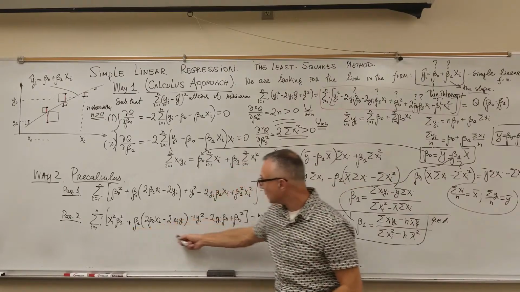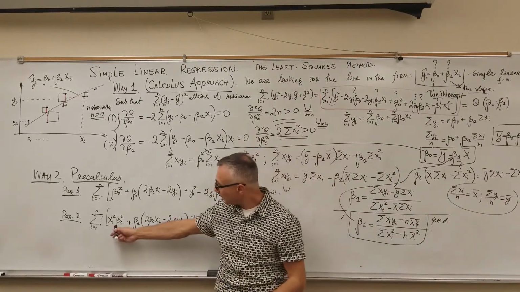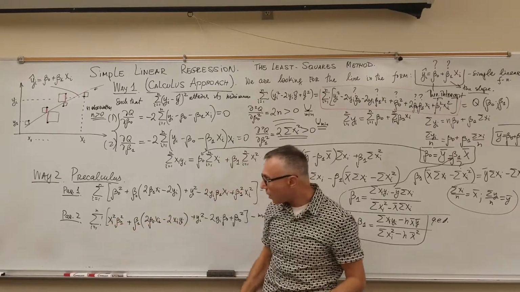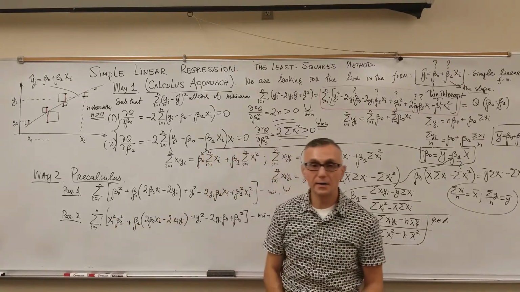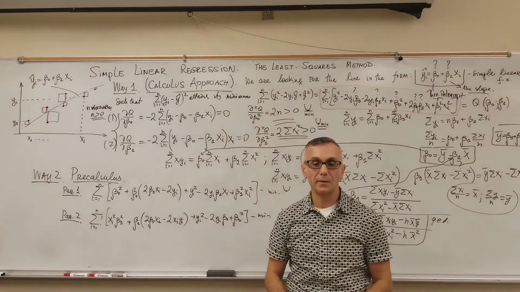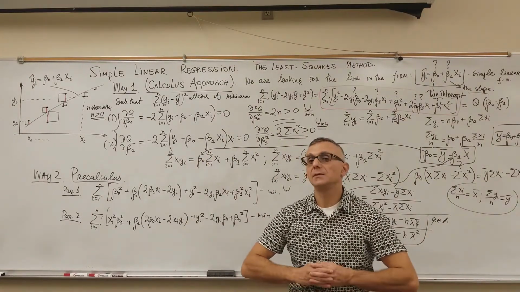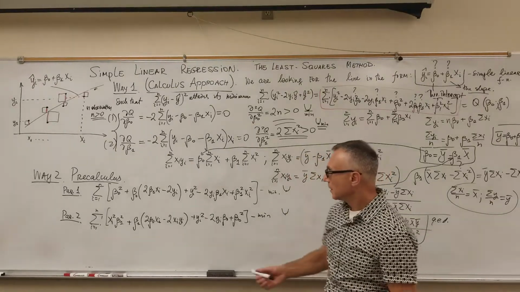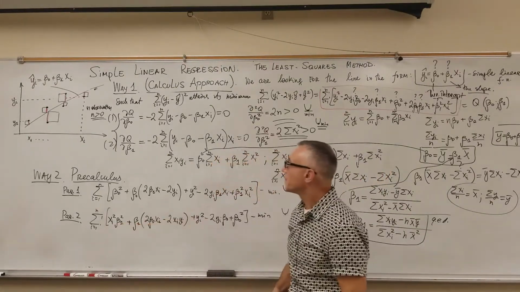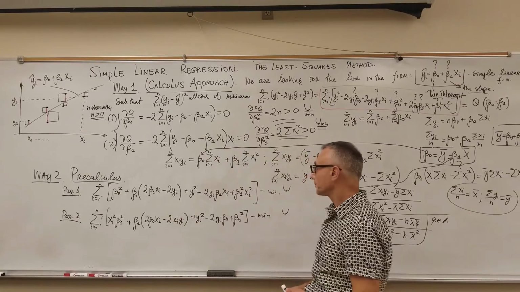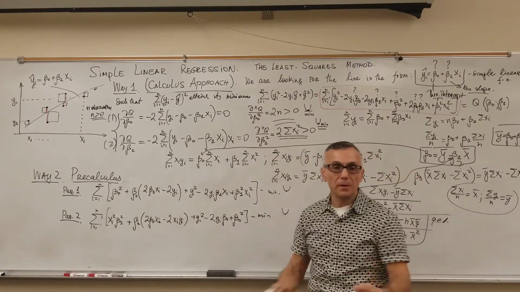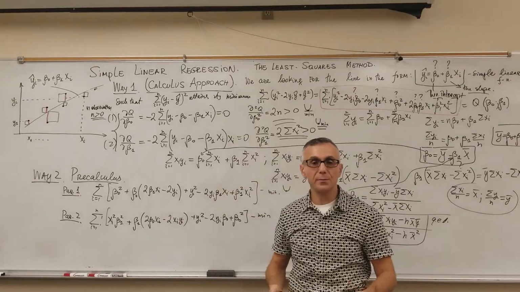For the beta 1 variable, I have the same thing. The coefficient of the highest power is xi squared, which is obviously a positive value: observations of all the inputs squared. And again, the branch will go up. Those two parabolas have a point of minima.